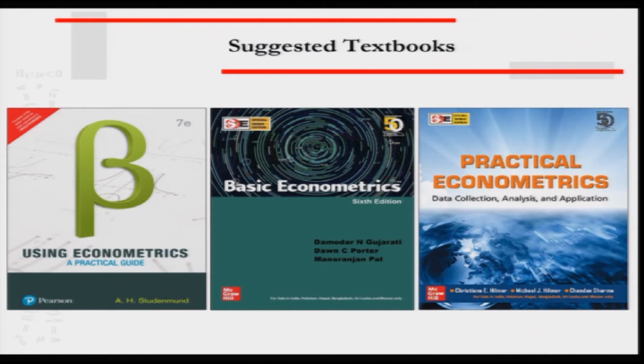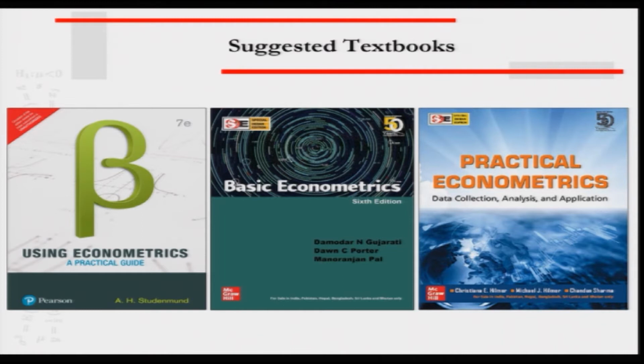This is the simplest possible textbook teaching you econometrics. Those who are not from an economics background or doing econometrics for the first time, even if you are coming from a social science or management science background, I recommend this book. It is written in very simple language, so you will love to read it.